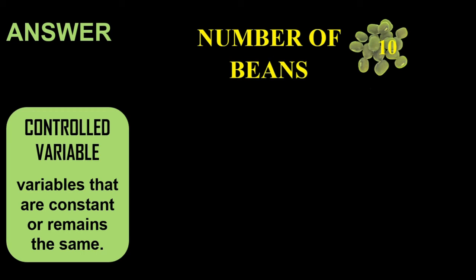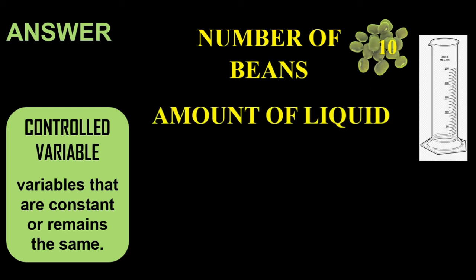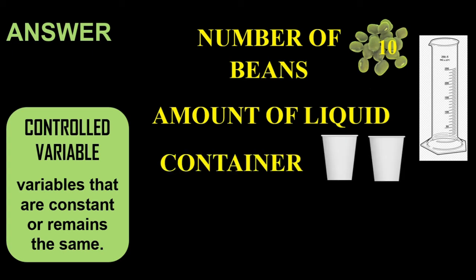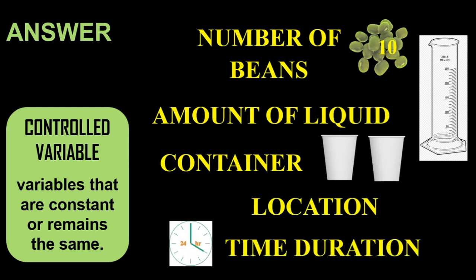Number of beans. Remember we added 10 beans each cup, and that didn't change throughout 3 trials. 2. Amount of liquid. We added 250 ml each cup. 3. The container or the cup. The type of beans used, the location where the experiment took place, and the time duration are also examples of controlled variables.